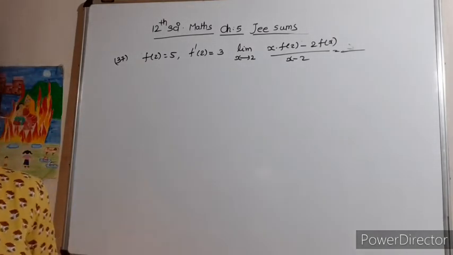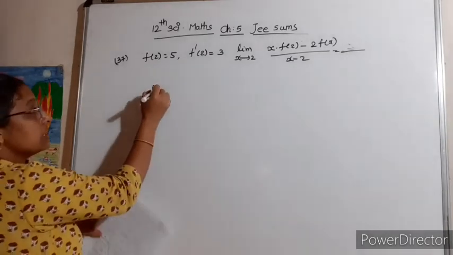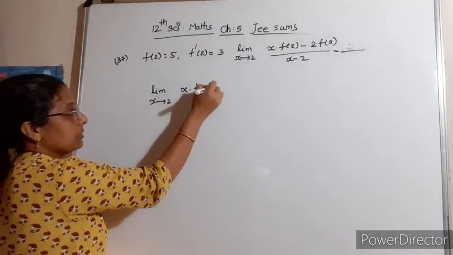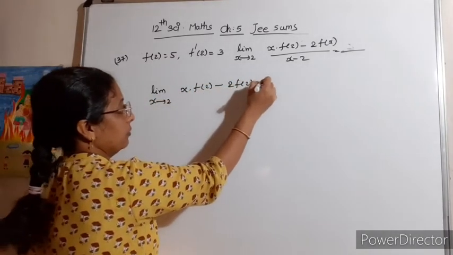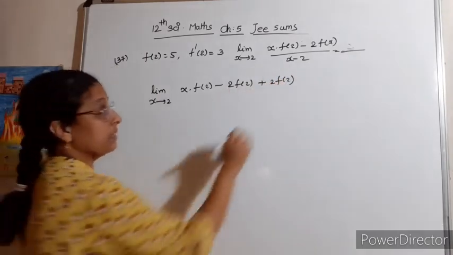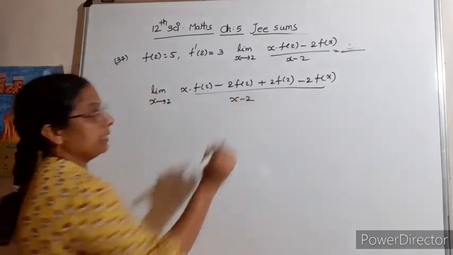So I will not do this for you, आपको ही खुद करना होगा. I will just write one step. Limit x tends to 2, x f of 2 minus 2 f of 2 plus 2 f of 2, ये मैंने subtract and add कर दिया, minus 2 f of x upon x minus 2.